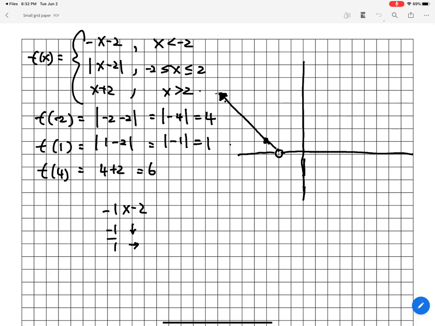So this means I have a V shape starting at 2, 0 and then goes like that. Sorry, I can't draw straight lines.